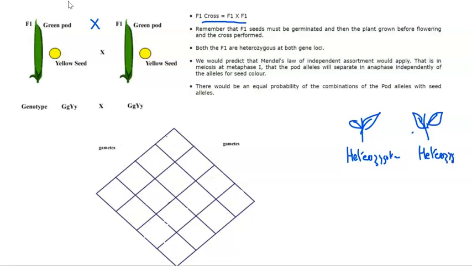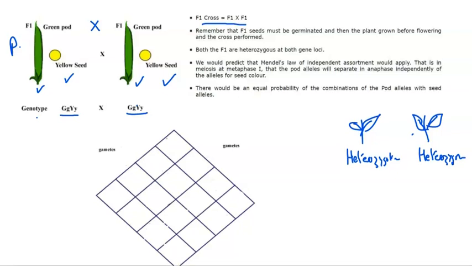And so if we just look at their phenotype to start with, so let's write down, these are the parents' phenotype. They would have green pods and yellow seeds, green pods and yellow seeds. However, we know that their genotype is big G, little g, big Y, little y, big G, little g, big Y, little y.